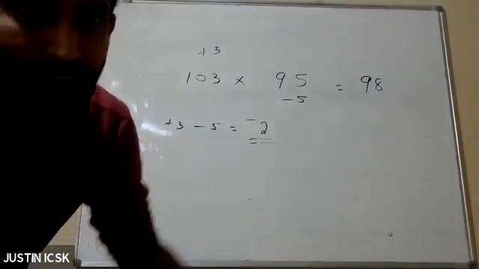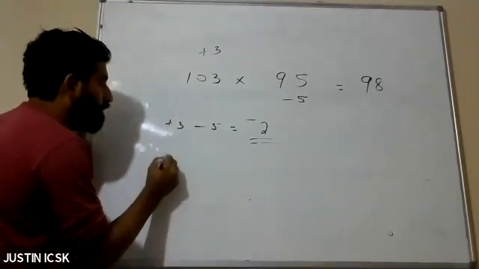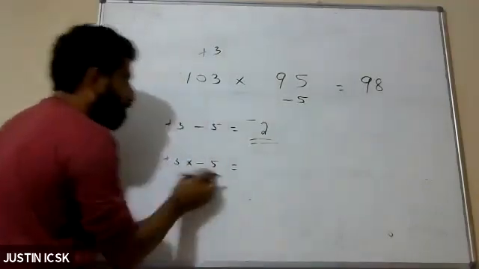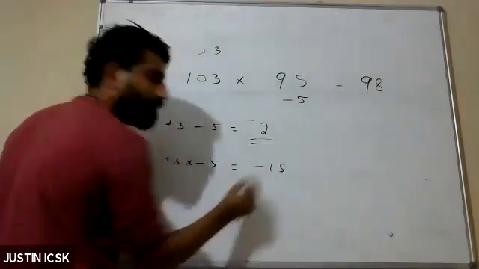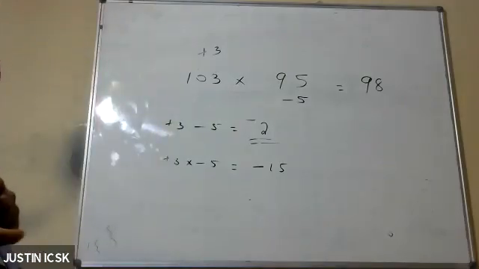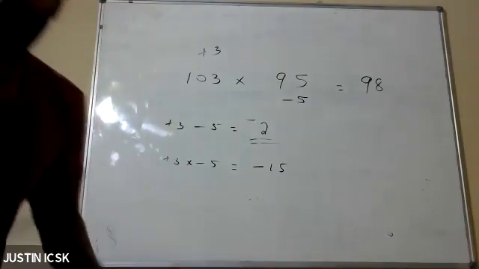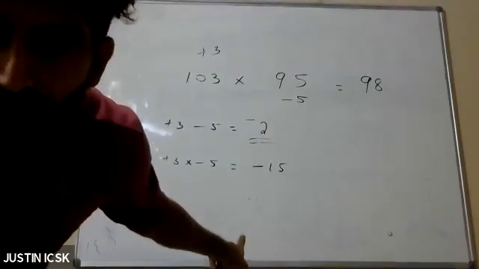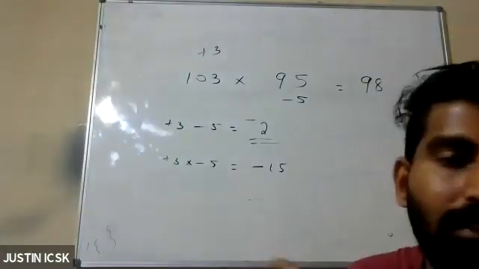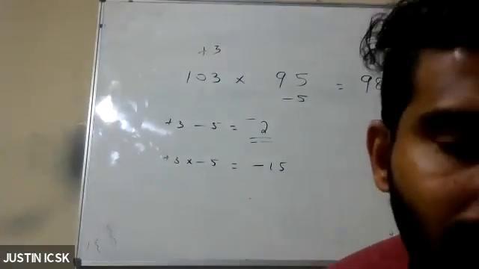And in the previous questions we will multiply, right? Plus 3 into minus 5 we will multiply also. Here if you multiply we will get minus 15. You can check that in all previous questions you are getting plus answers. You will get plus 15, plus 12, plus 3, plus 6 like that.